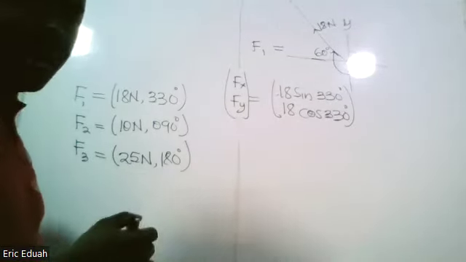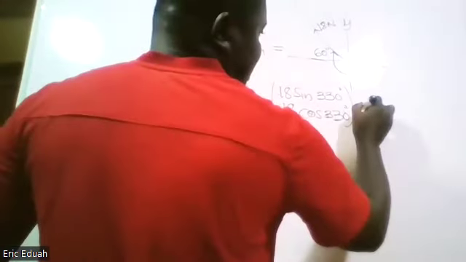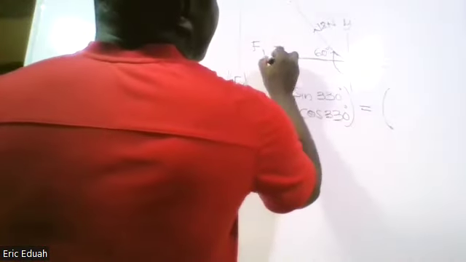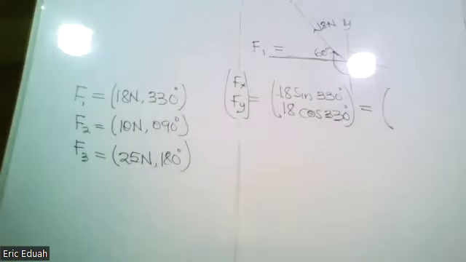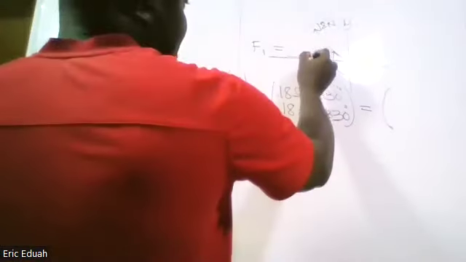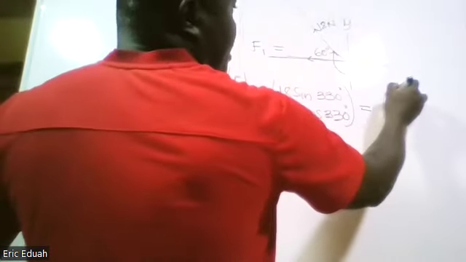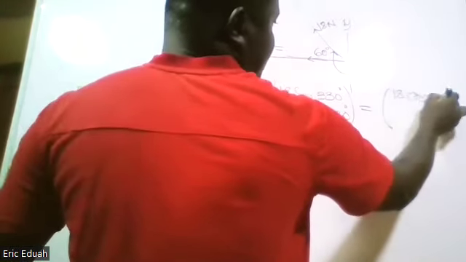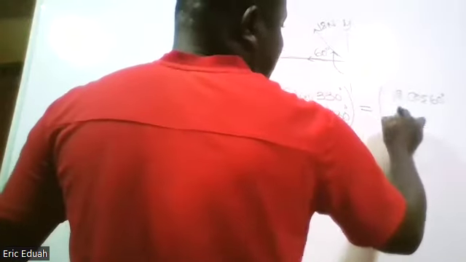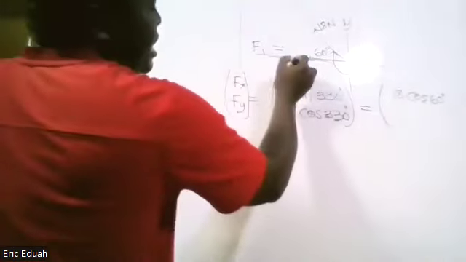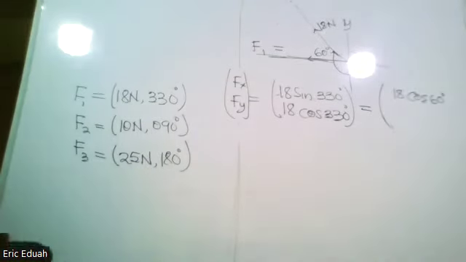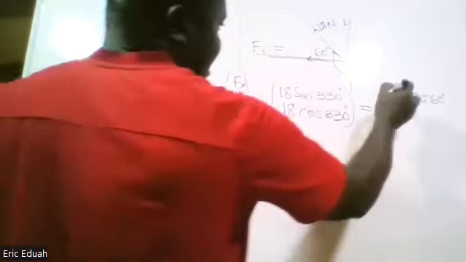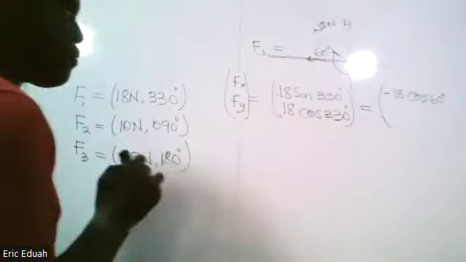Now, if I still want to explore, this is also equal to the angle it makes with the x-axis, 60. So 18 cos of 60 degrees. But in using this approach, you must know the quadrant within which x falls. This x falls along the negative x-axis, and so it's negative.